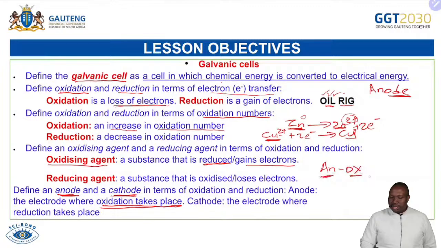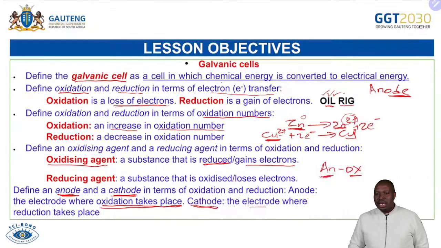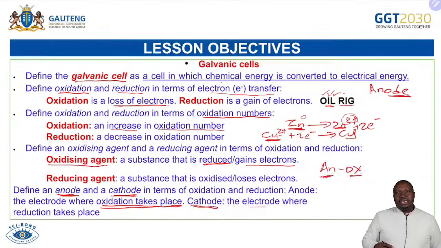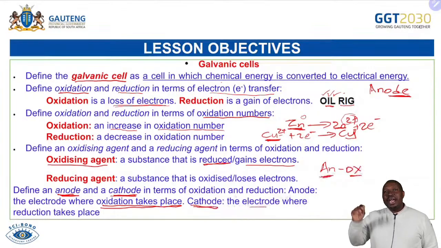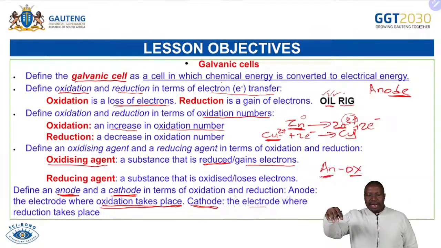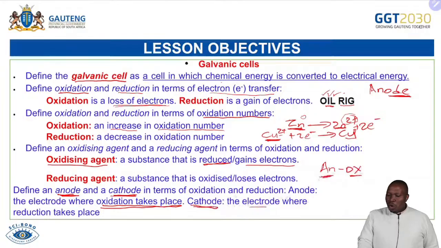And then we are saying the cathode itself is the electrode where reduction takes place. I want to emphasize here that the definition is not saying the cathode undergoes reduction. It's saying where the cathode is, the reaction that will take place is reduction.